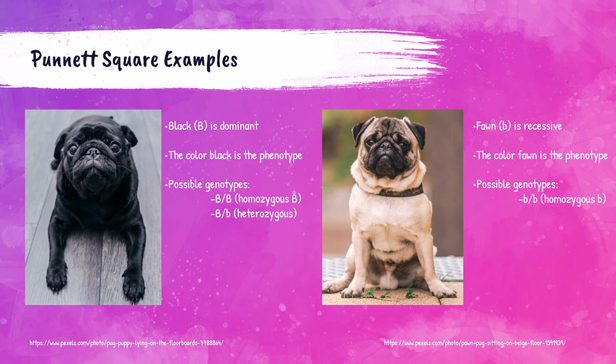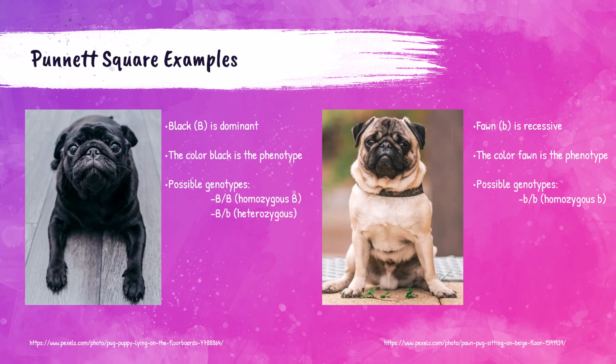In this particular instance, big B, big B is of course going to be black. This heterozygous big B, little b would be considered a carrier for fawn because that little b is recessive, but it's still going to phenotypically express itself as black because that big B is dominant for the black color.